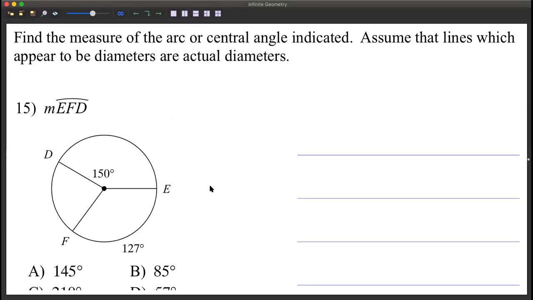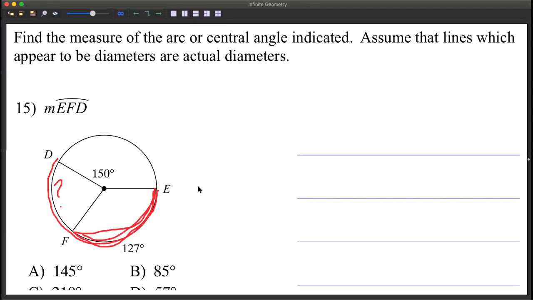EFD. Okay, this one's a little bit trickier. They want the measure of EFD. So that would be from here to here, all the way to here. So you know this part's 127, but you need to add on to it whatever that is. Well, I don't know what that is, but you can find it.